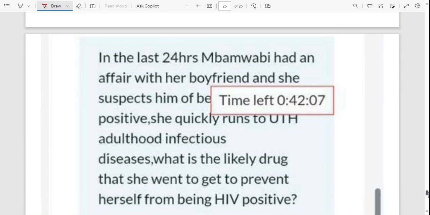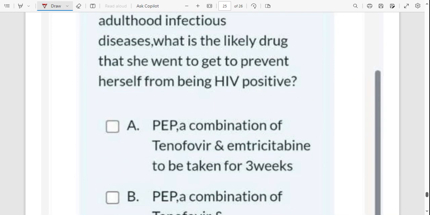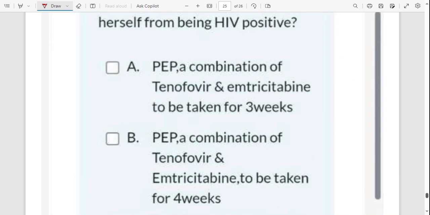In the last 24 hours, Mbamwabi had an affair with her boyfriend and she suspects him of being HIV positive. She quickly runs to UTH, adult infectious diseases. What is a likely drug that she went to get to prevent herself from becoming HIV positive?